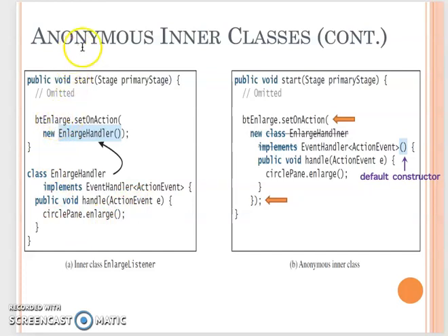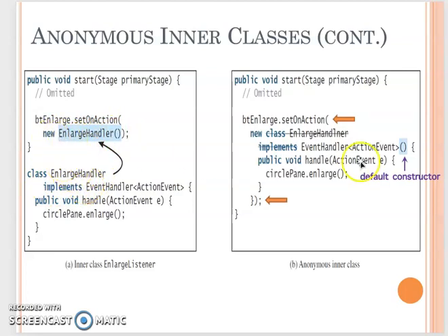When we replace the inner class with an anonymous inner class, one thing is we don't have the class name anymore. Here you will see this one becomes the anonymous inner class. We still have the new, but since you don't have the class name, we can remove everything. That's why they cross out the class name, the class keyword, and even the implements keyword.